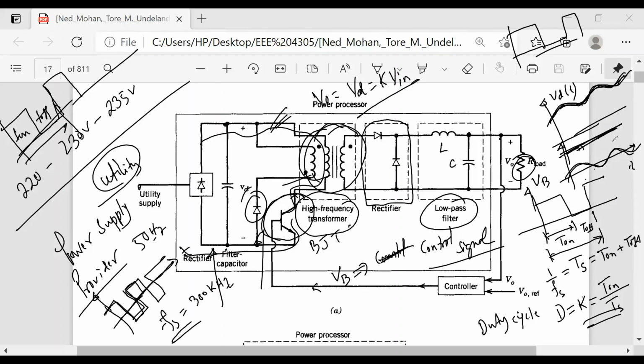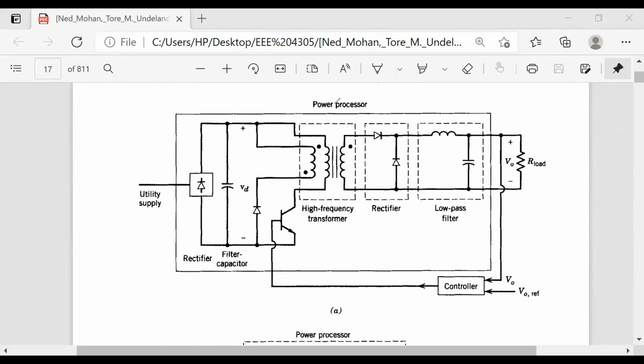If you want to clear this ripple, then you will have to design the filter. And remember that if frequency is very high, then the size of the inductance and capacitance will also be less. So this is another advantage you will get if you use power electronics.